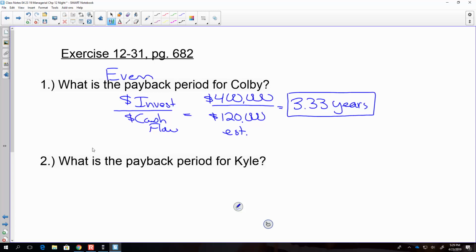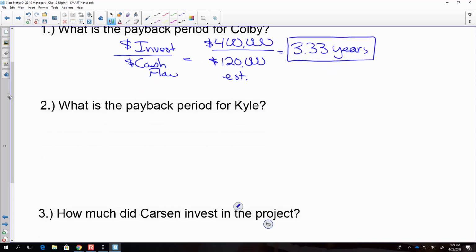Let's look at Kyle here. The investment is 1.4 million, and then over the 5 years, she's expecting 490, 700, 420, and so on. So do we have even cash flow or uneven? Uneven. So now I'm going to develop my table. Starting on the left, what was the investment? 1,400,000.